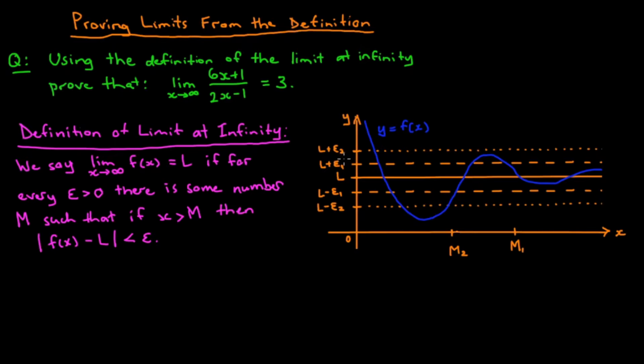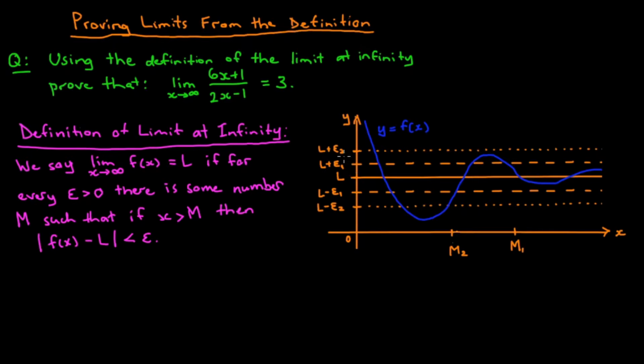And if instead we'd chosen epsilon 2, then I've chosen a value of m2 that works, because from this point onwards the blue curve always stays between the two dotted lines.